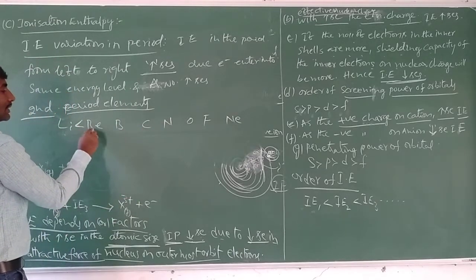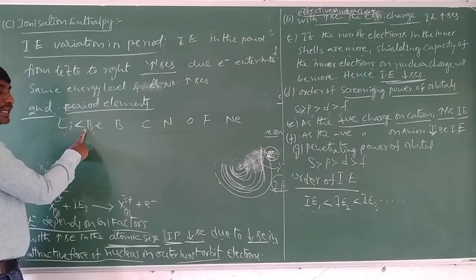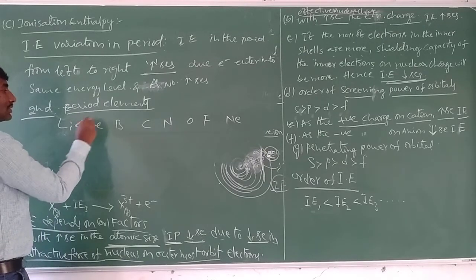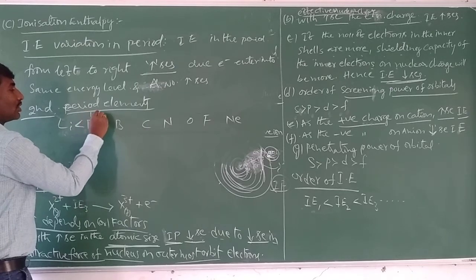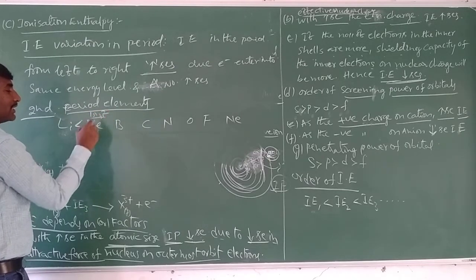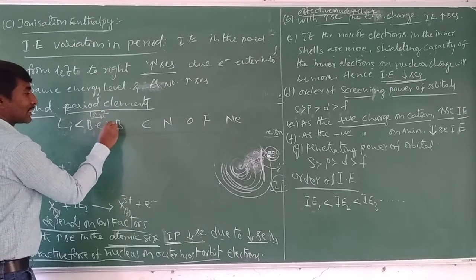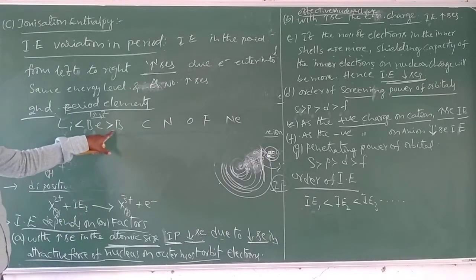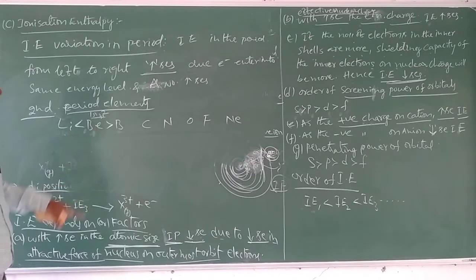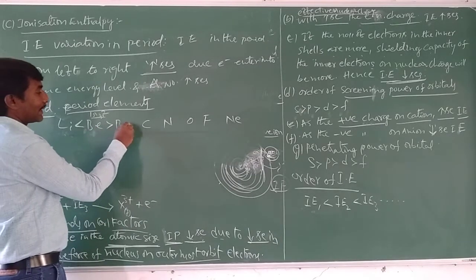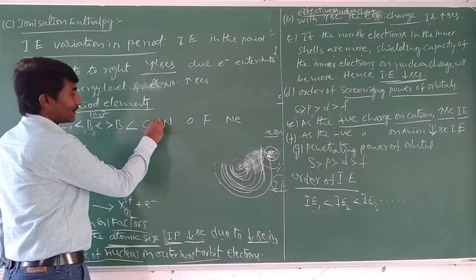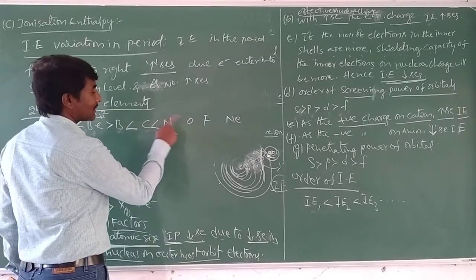So what happened? Beryllium is 1s2 2s2, so this is completely filled. That's why this is greater than B. This is completely filled, and that's why this is greater than this one, and again this is less than this one, and this is greater than this one.